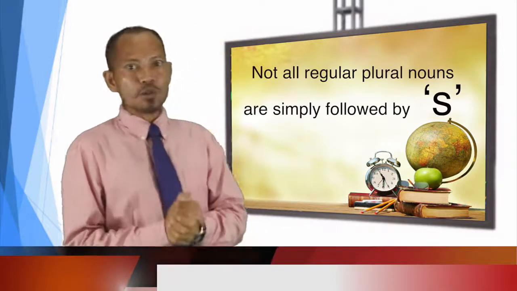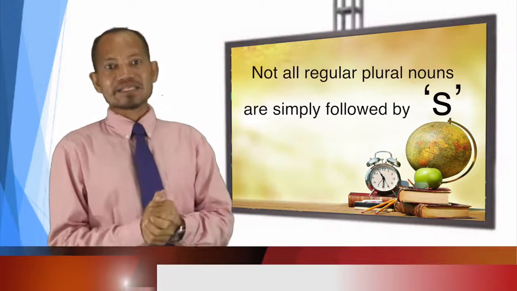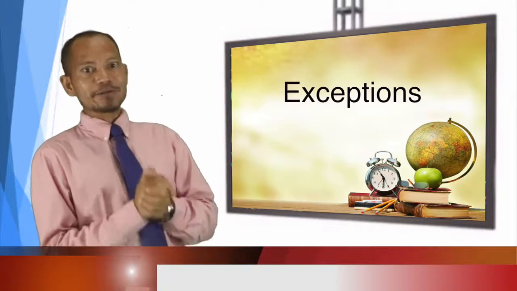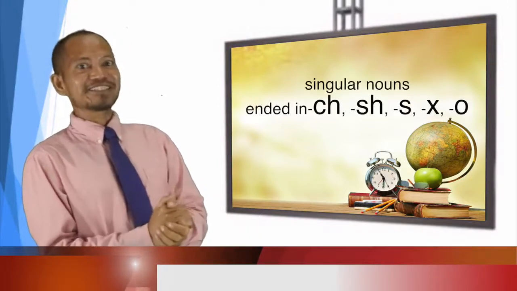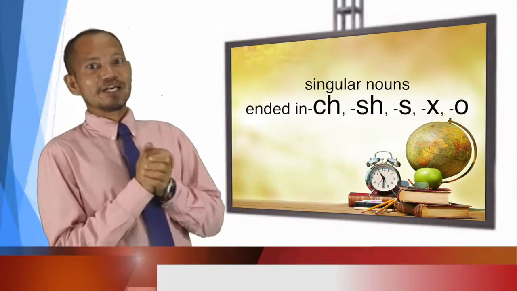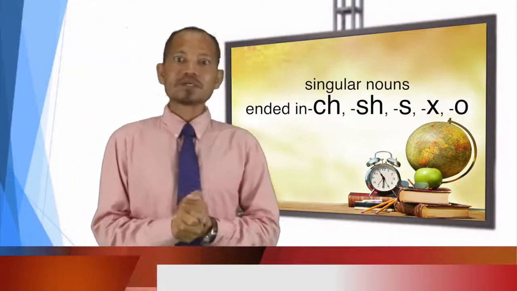Just for you to remember that not all regular plural nouns are simply followed by an s. However, there are exceptions. Please look at the singular nouns ending in ch, sh, s, x, or o, and how they become regular plurals.